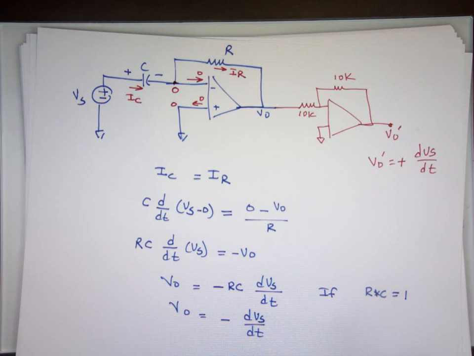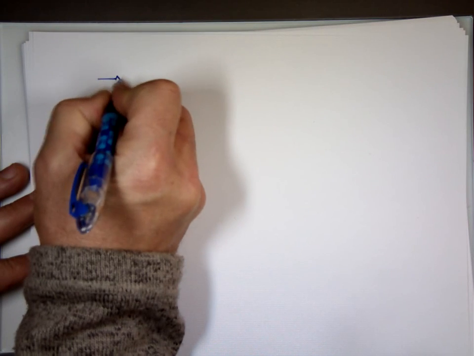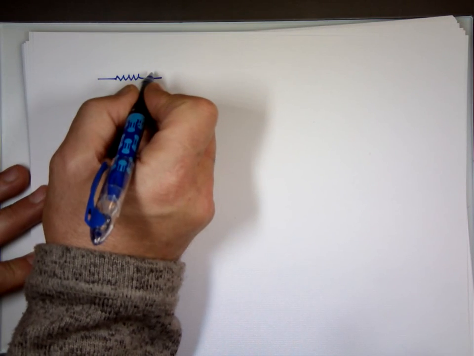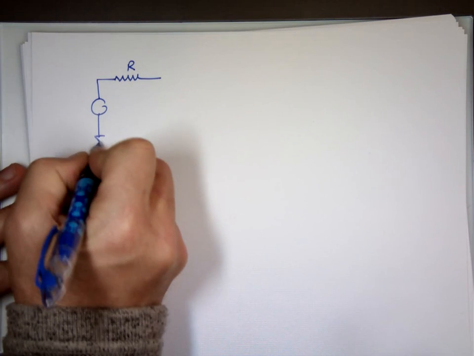Now, if you put an inductor, it changes a little bit. One more example here with inductors, because I said we'll do inductors. What about if you put an inductor on the top instead of a capacitor?